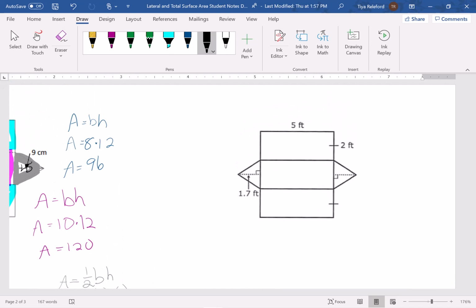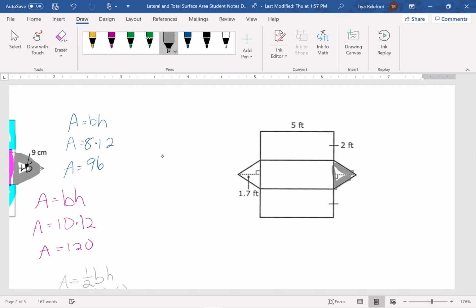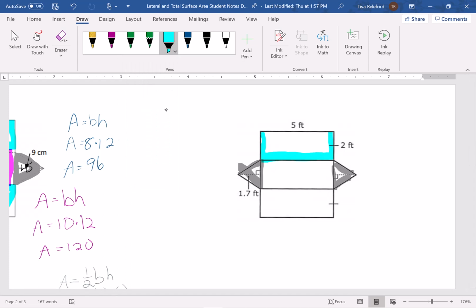Now this is the same. I don't want you to get nervous or worried about this one. These are your bases. And these are your lateral sides.